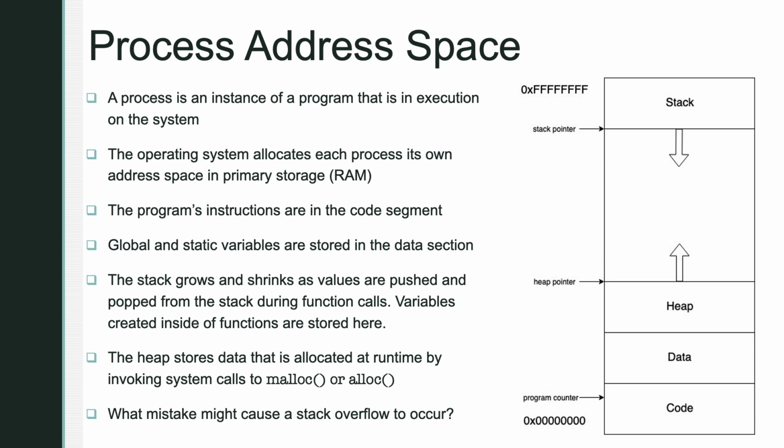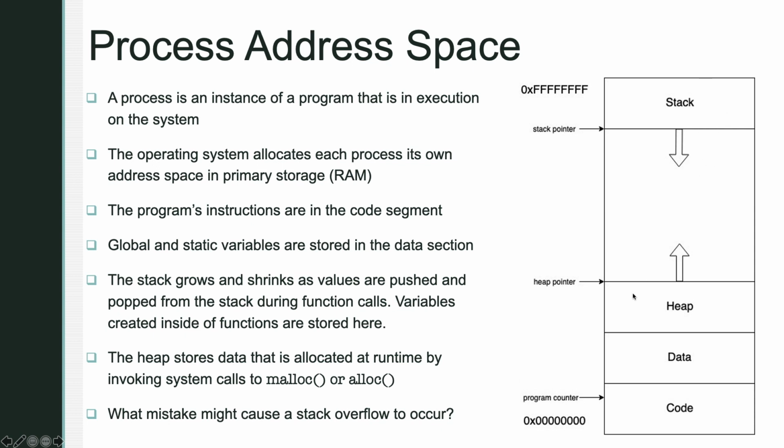So if you have, for instance, infinite recursion, this is what leads to a stack overflow, because the stack will just keep on growing because you keep on adding values to the stack as you go deeper and deeper into the recursion. So this is the purpose of the stack. It's to store values temporarily and then pop them off again while executing.